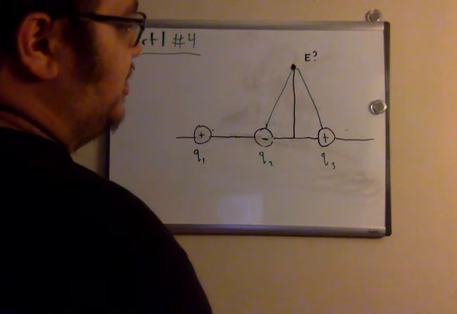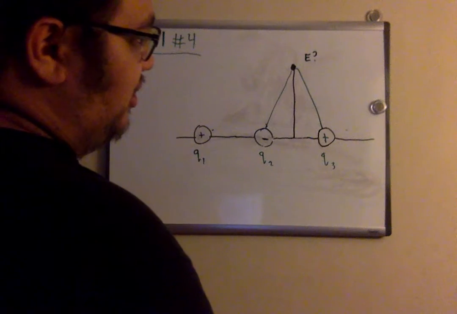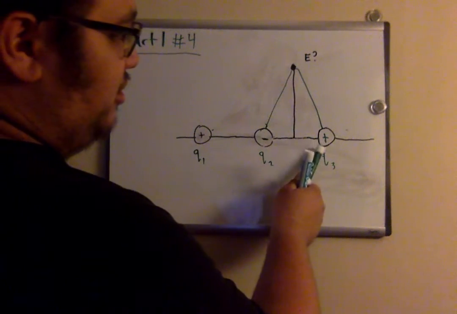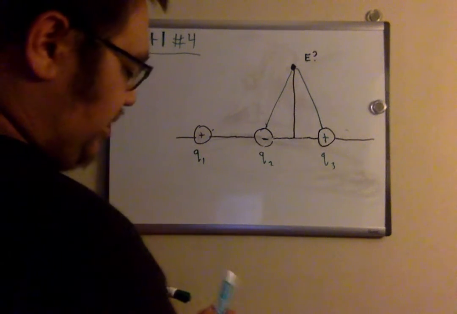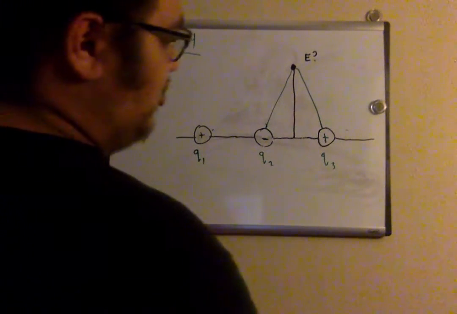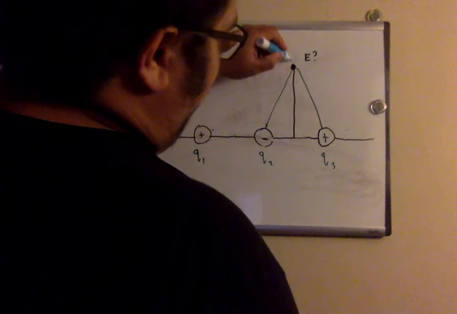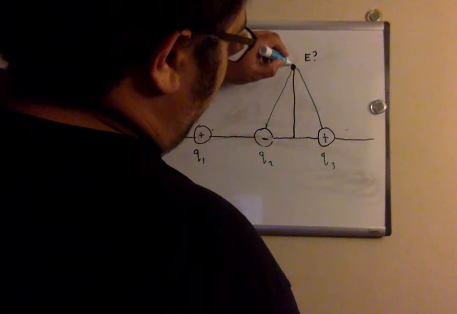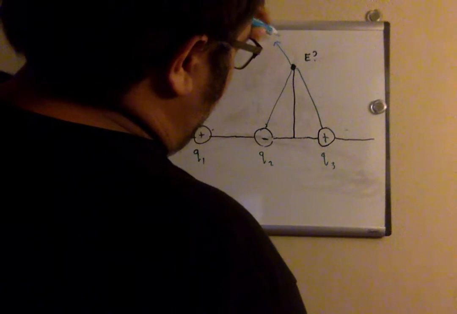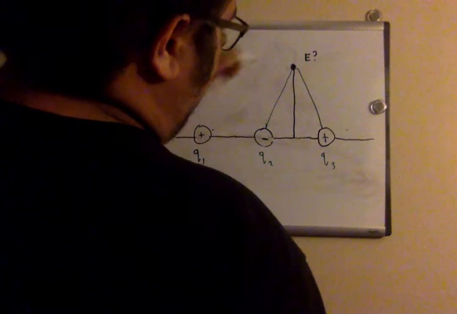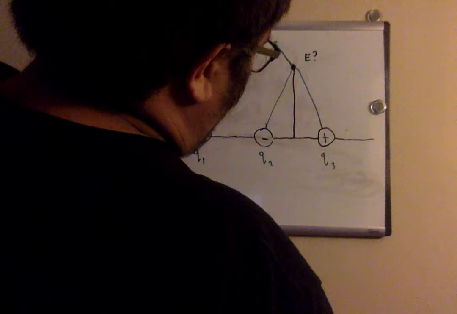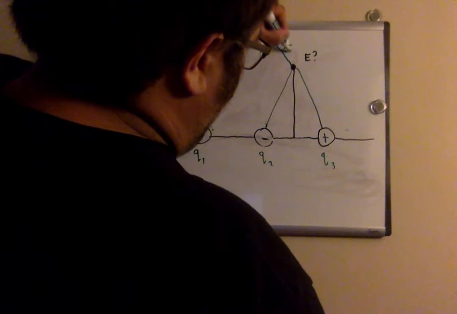Okay, so now let's look at what the electric field is doing from this charge. What it's doing from that charge, and we'll call it E3, from Q3 is in this direction. This is E3.